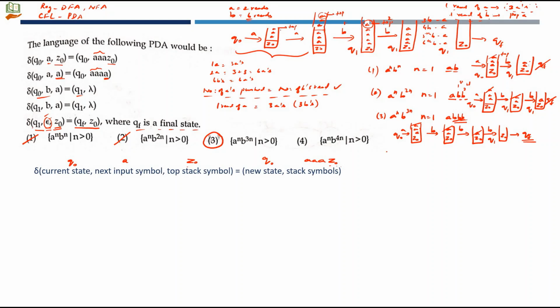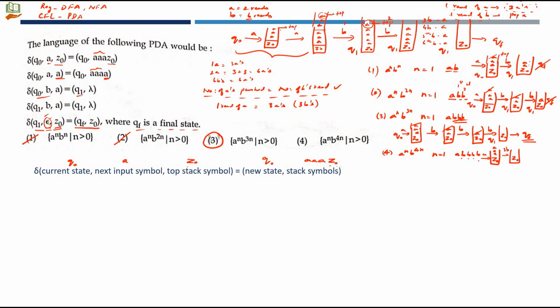Now let's check option number 4 also. A power n, B power 4n. For n is equal to 1, we will have 1 A and 4 B's. When you take the initial configuration Z0 on input A, we will be inserting 3 A's. For 3 B's, we will pop out all the A's and we will have Z0.